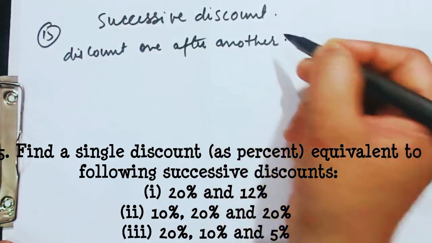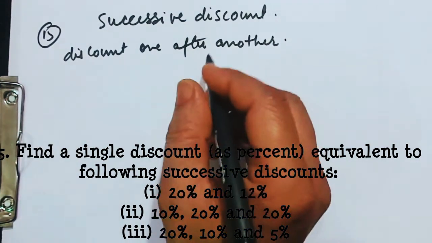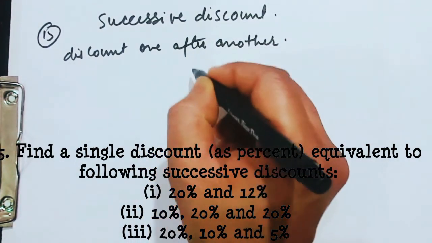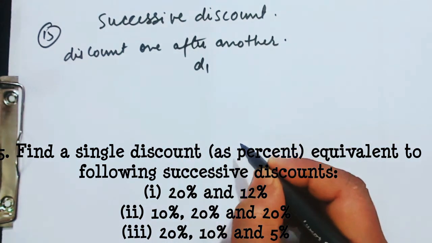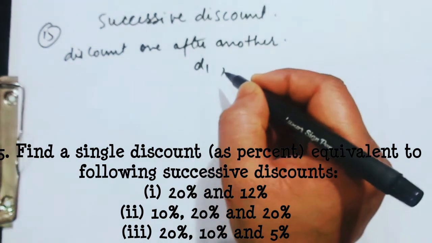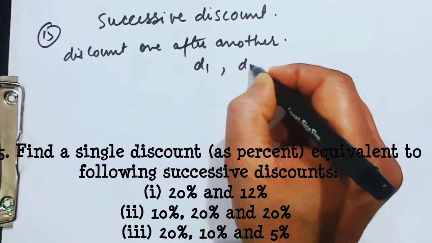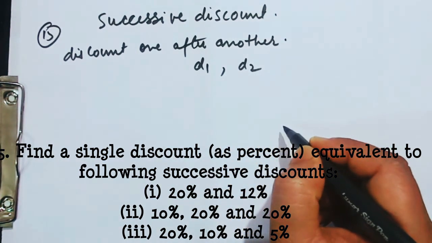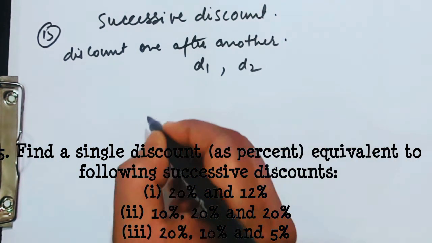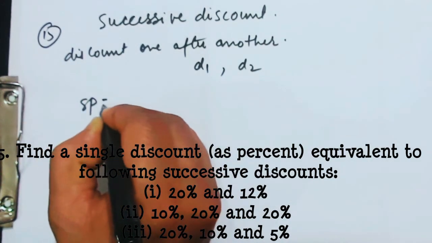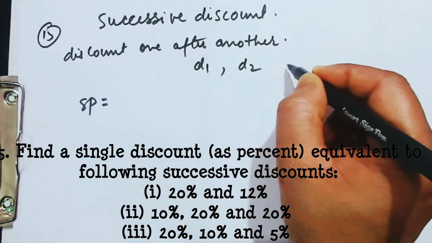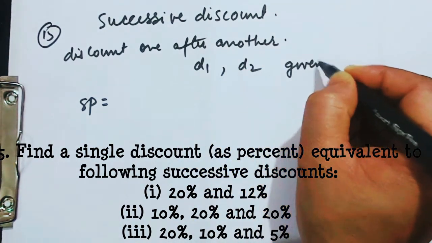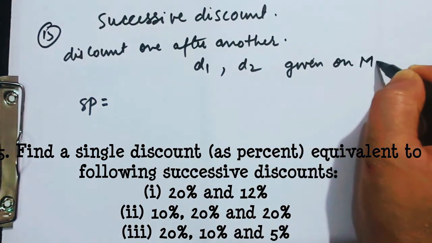A jhatka, you can say. For example, first the shopkeeper gives a discount D1. Now the customer is not happy, so the shopkeeper again gives a discount of D2, the second discount. So what will be the final selling price? The final selling price will be D1 and D2 given on the marked price.